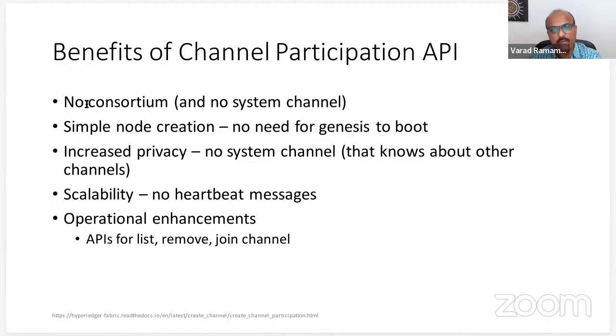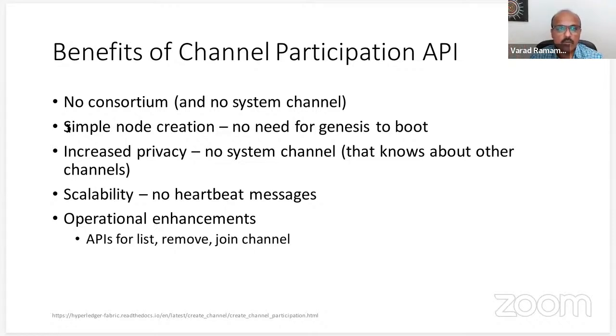If you have that mindset, I think everything falls into place. It's not very complicated. There is no consortium, nobody's managing system channel, and there is simple node creation. That's one of the things that Fabric advertises as a big benefit, which I agree with.